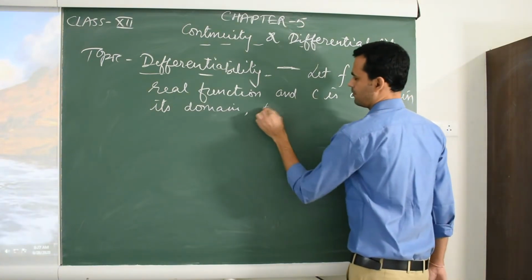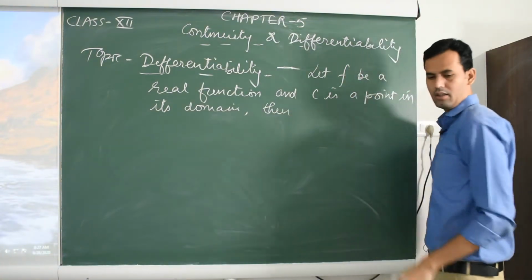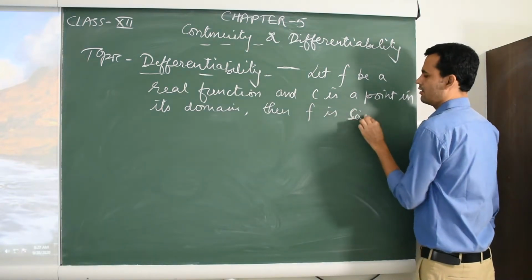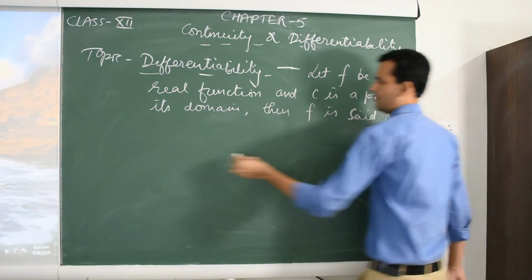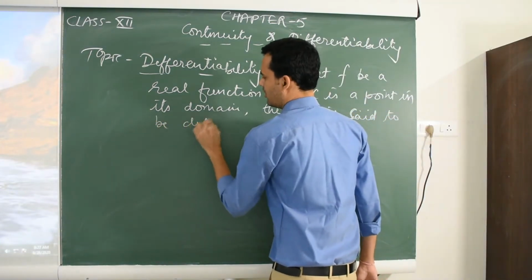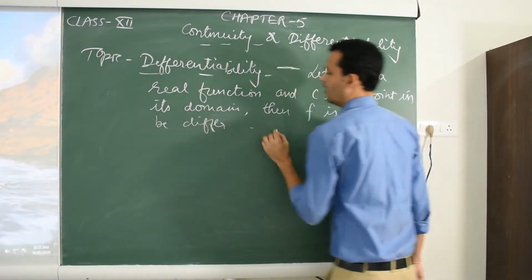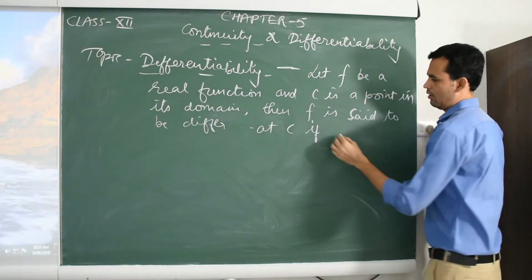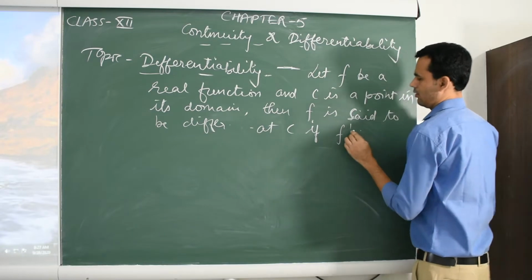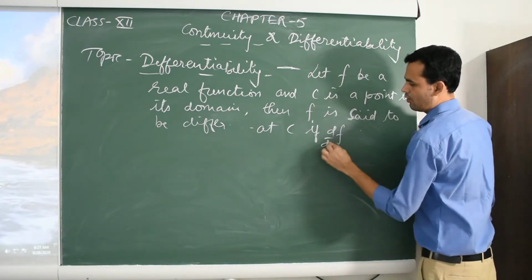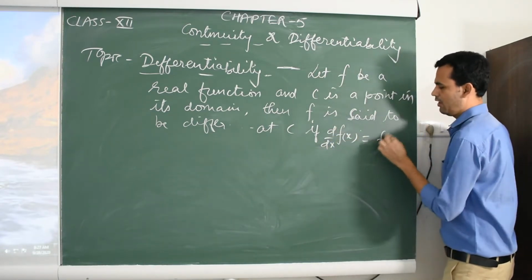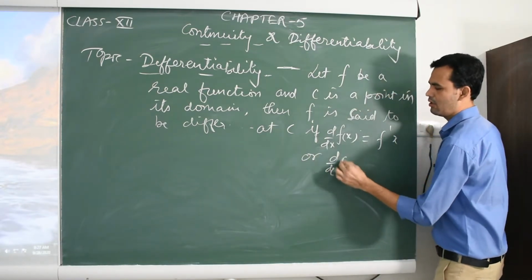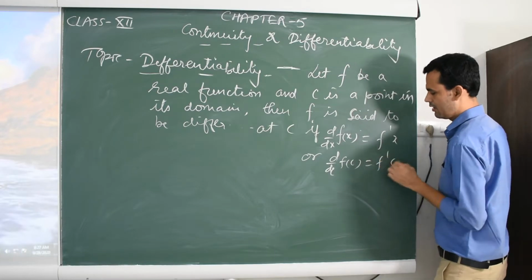Then f is said to be differentiable at c if f dash, d by dx of f(x) equals f dash x, or d by dc of f(c) equals f dash c.